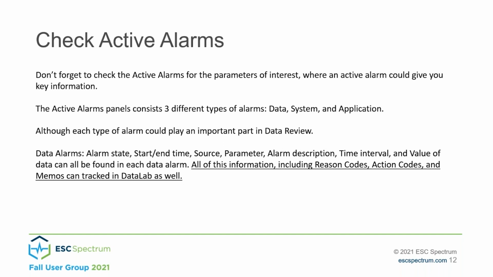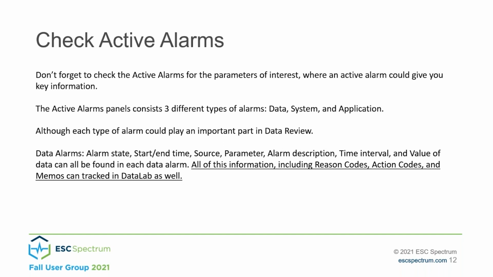So this section could be before or after Simscape. They're interchangeable. It consists of 3 different types of alarms: your data alarms, your system alarms, and your application alarms. Quick review: data is the alarm that we're going to be using.